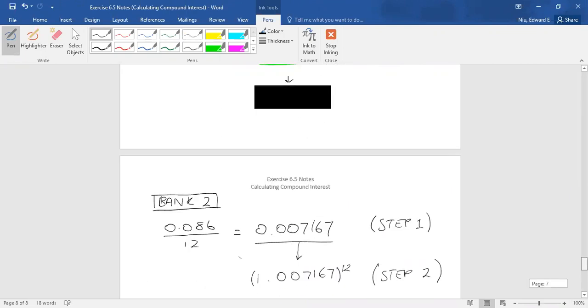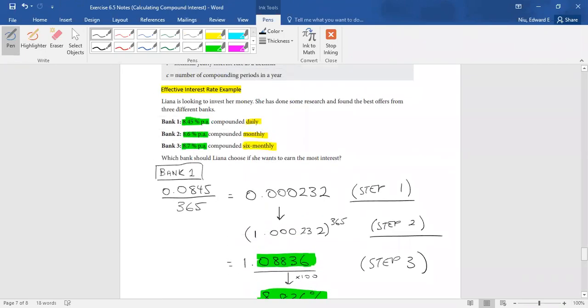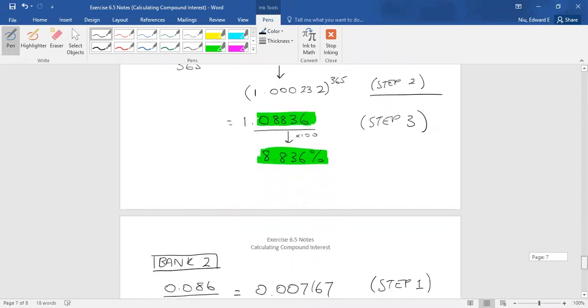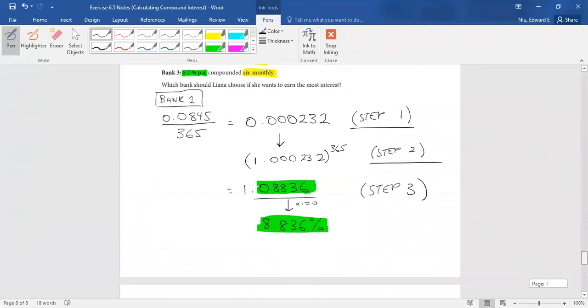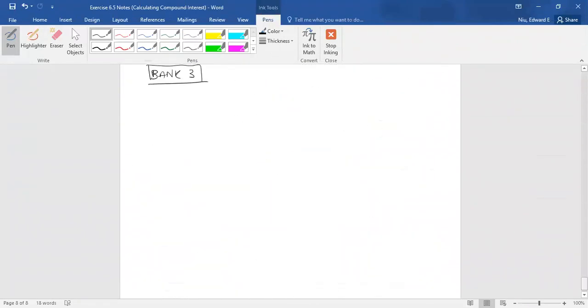Let's go back and check out what bank 3's percentage was. So the per annum interest rate is 8.7, and it is compounded 6 monthly. So we convert 8.7 to a decimal by dividing it by 100.